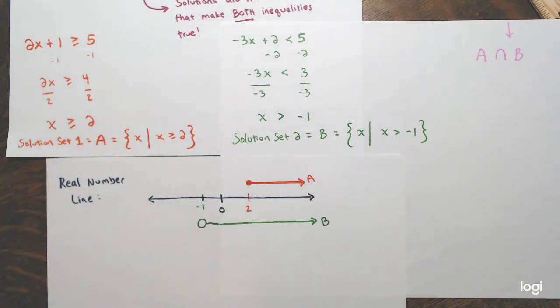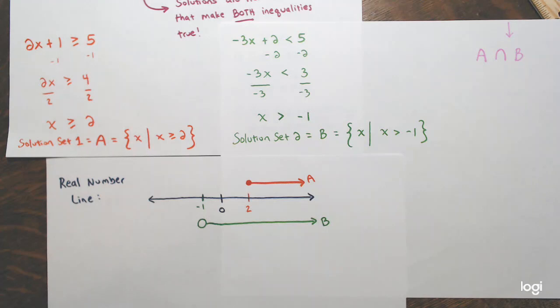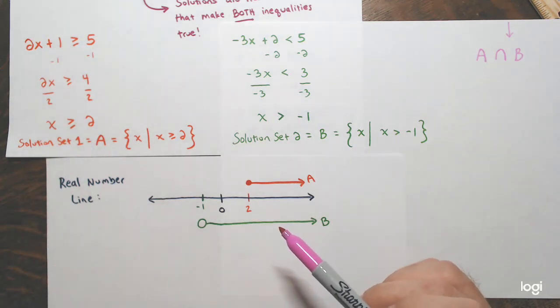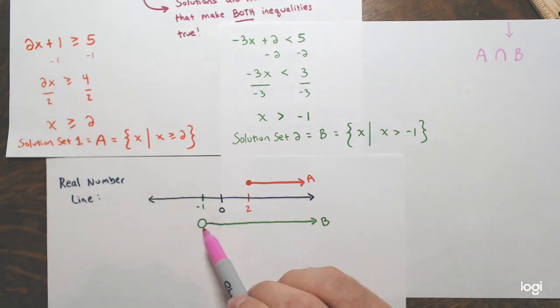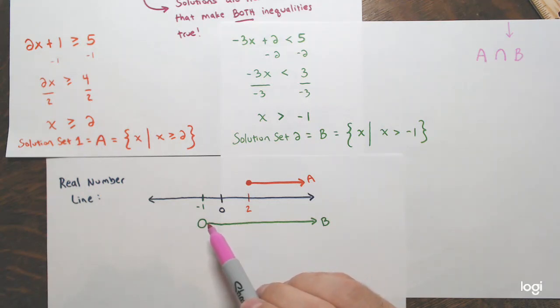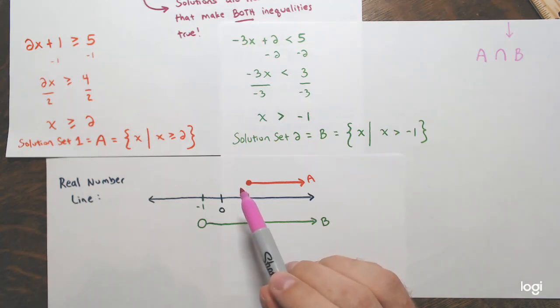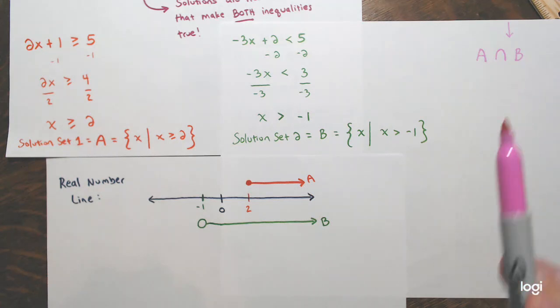Alright. And then what I'm trying to find is, again, the intersection of A and B. What numbers are solutions of the first inequality and, the word and was there, the second inequality. So if we take a look at this picture, obviously -1 isn't because it isn't in B. All of the numbers from -1 up to 2 are in set B, but not in set A, so they are not in this intersection.